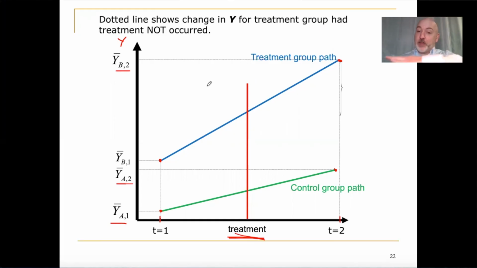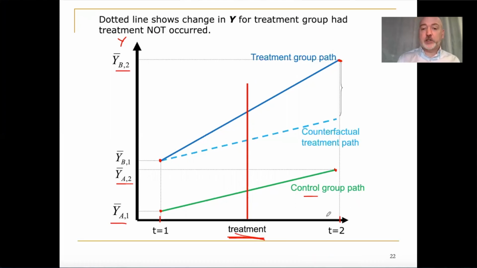And again, the fact that that line is steeper indicates that having access to treatment accelerated the growth from period 1 to period 2 versus the control group path. The rate at which it's accelerating, that's the treatment effect, right? The difference in those slopes. And that's what that counterfactual is able to capture.